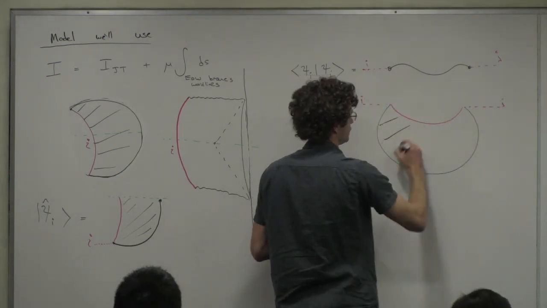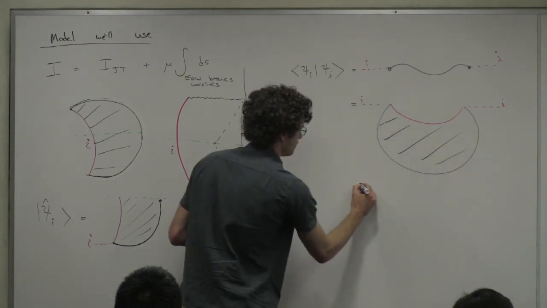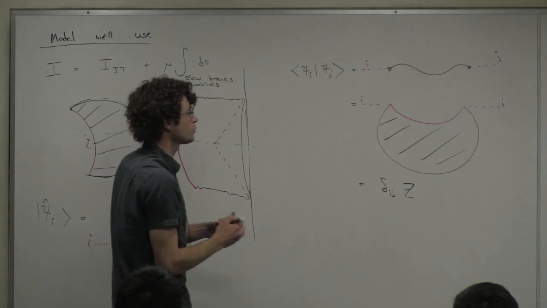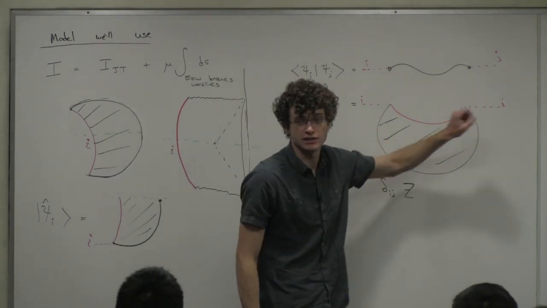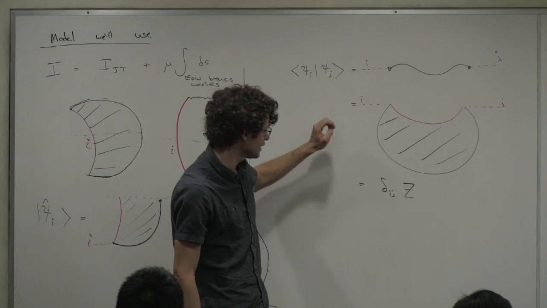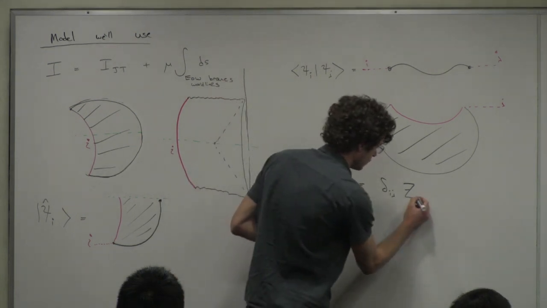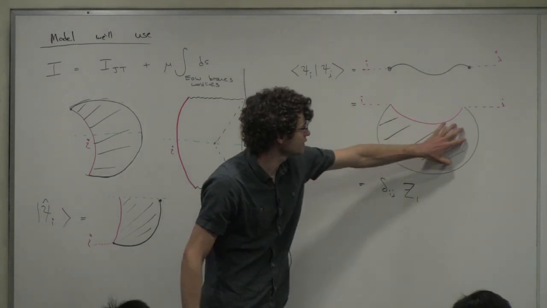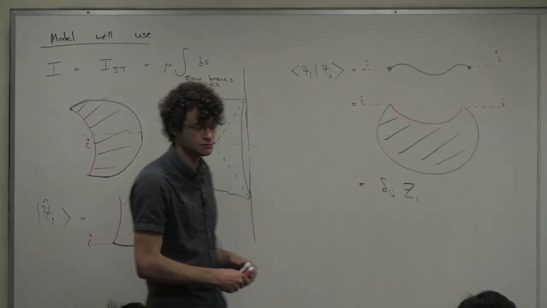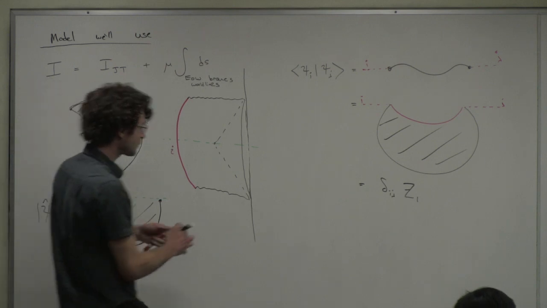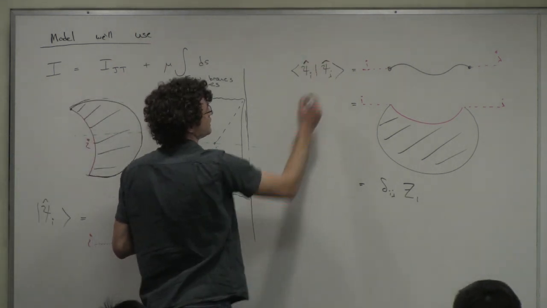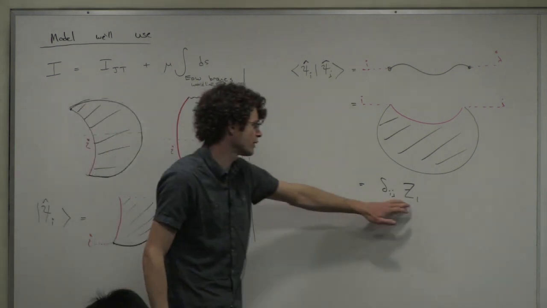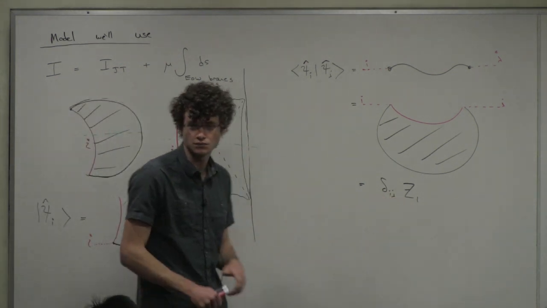So we have this two-dimensional geometry, and you'll notice that the same end-of-the-world brane connects the I index to the J index. So this thing is proportional to delta ij, and it has a factor Z1 that we'll agree to define as the JT gravity path integral on this space here. So that was for the inner product of these two unnormalized states. To normalize them, we should divide them by the square root of Z1, so this is just a delta ij.